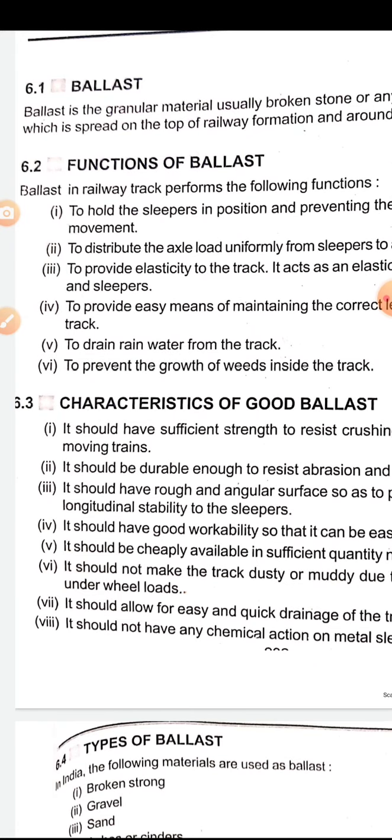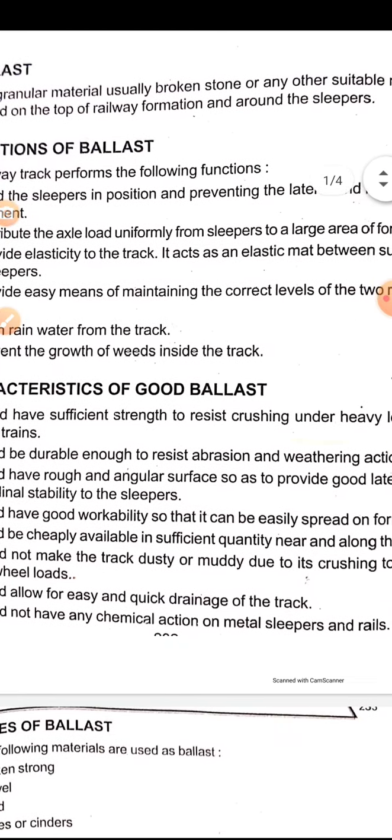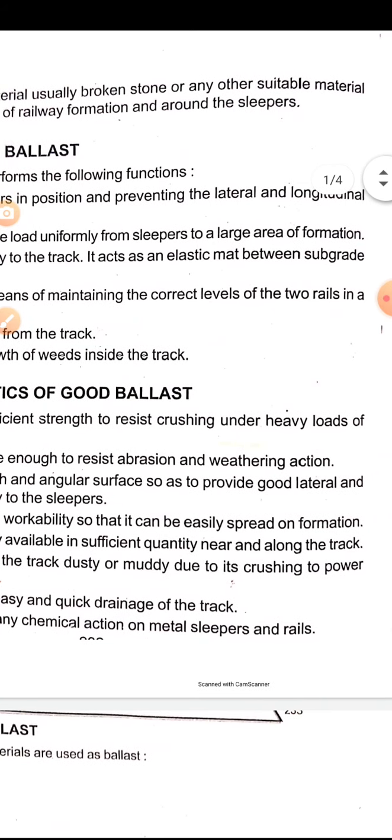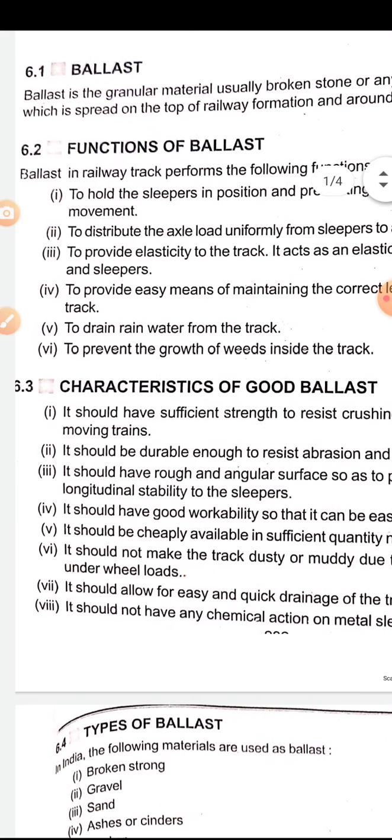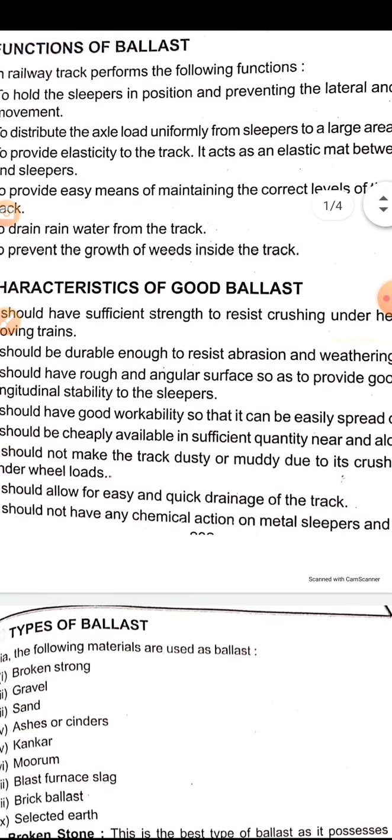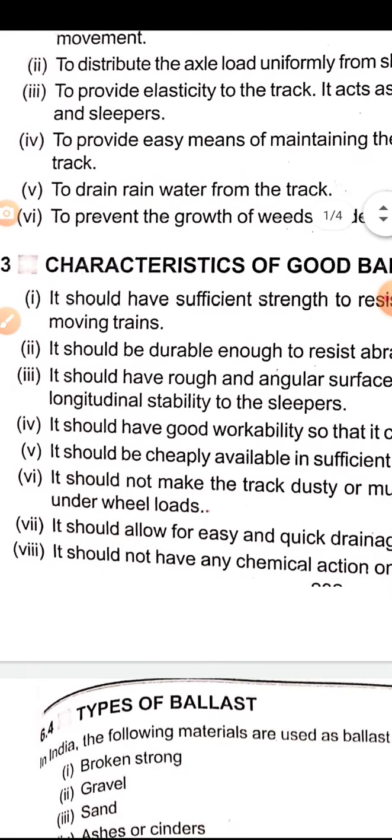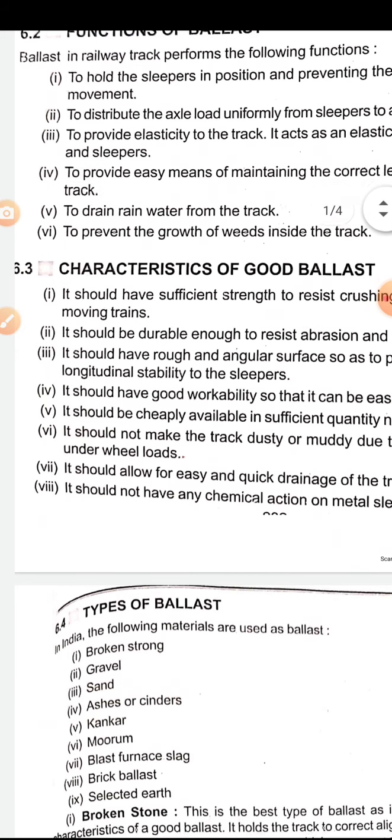To provide an easy means of maintaining the correct level of the two rails in a track, to drain the rainwater from the track, and to prevent the growth of weeds inside the track. This is the function of ballast.